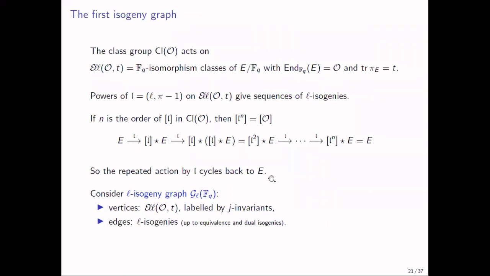Okay, and so we consider these l-isogeny graphs over F_q, and the vertices are still the same elliptic curves as we fixed before, and they will be labeled by j-invariants, and edges will be l-isogenies. They will be up to equivalence, because here you identify F_q-isomorphic curves, and they will be up to dual isogenies, because if you go by an isogeny and go back, you just get multiplication by l, and that's not an interesting isogeny.